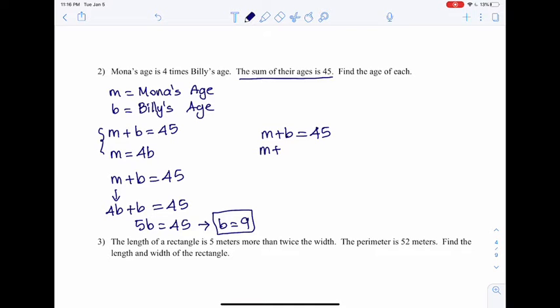I'm going to substitute 9 for B. So we found out that Mona is 36 years old and Billy is 9 years old. Let's finish our question by writing our final answer in a complete sentence form.